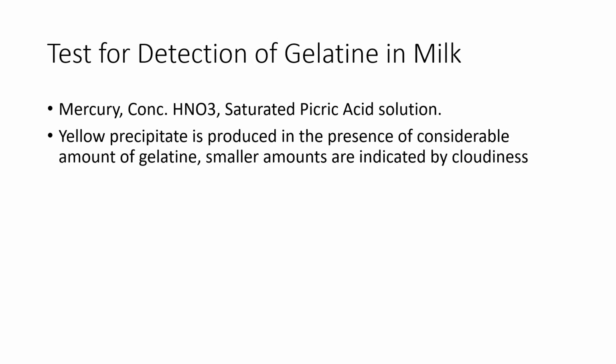And the next is how would you detect the presence of gelatin in the milk? Gelatin is a gel-like, glue-like sticky substance. For example, when you cut a lady's finger, you get some kind of gluey consistency fluid, right? That is similar to gelatin. So what is the reagent we use? Mercuric nitrate, concentrated nitric acid, and picric acid solution. Just remember, this is out of the blue.